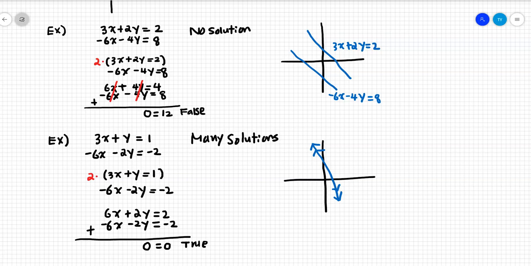You determine it by the xy value that you found, or by whether left is equal to right or left is not equal to right. That will determine whether you have no solution or many solutions.